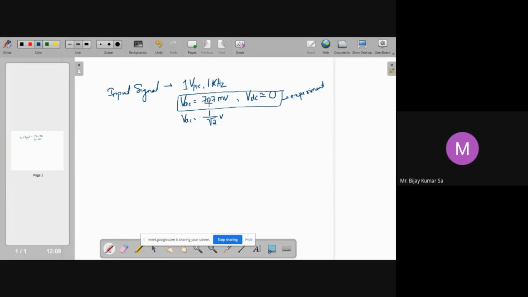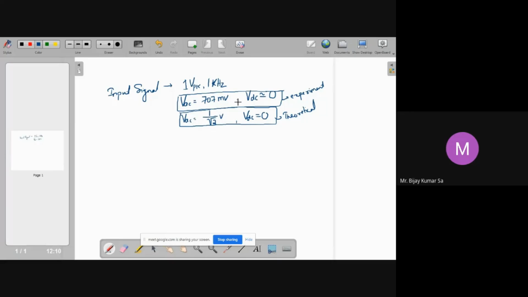So it will closely match the experimental value of VAC. VDC of the input signal, theoretically it is equal to 0. So we are trying to summarize all these values before we proceed. So this is theoretical. Okay, this is expected. This is the measured value in the experimental setup.